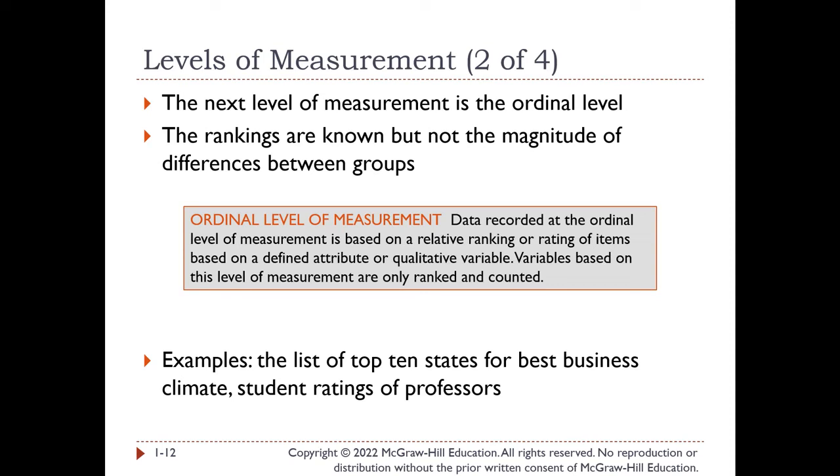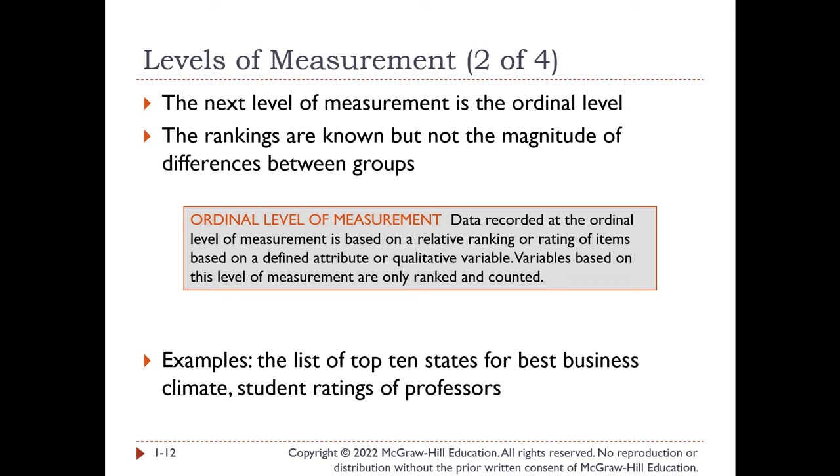Our attributes is either ranked or rated on a relative scale, such as rating a professor as superior, good, average, poor, or inferior. RateMyProfessor.com. There we go. Notice there is no way to determine the magnitude of the difference between superior and good or any other ranking. It's a good example there.